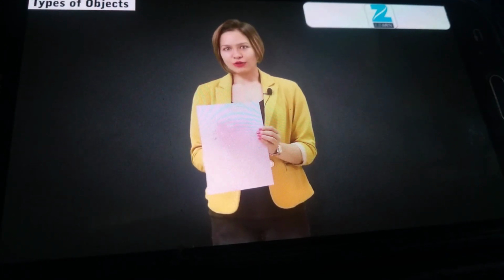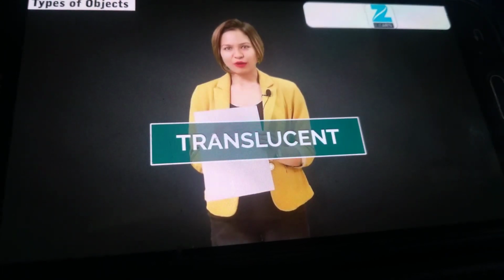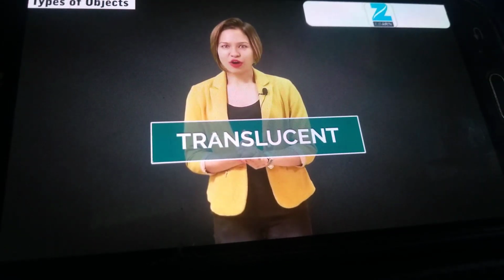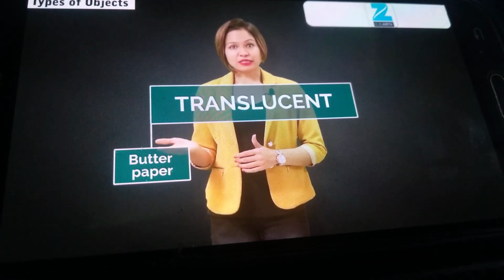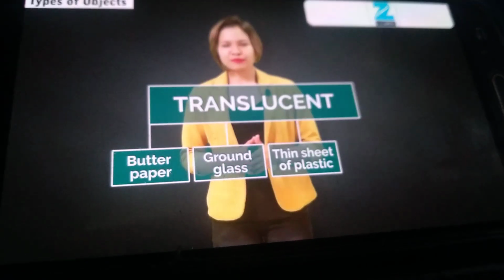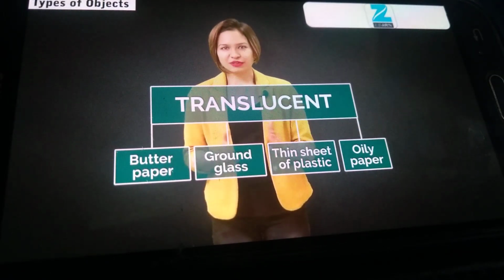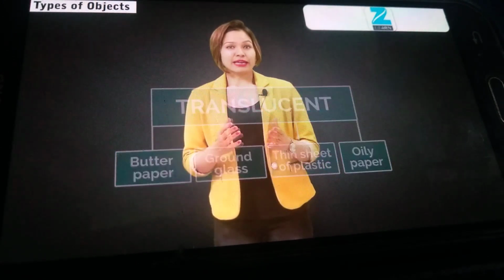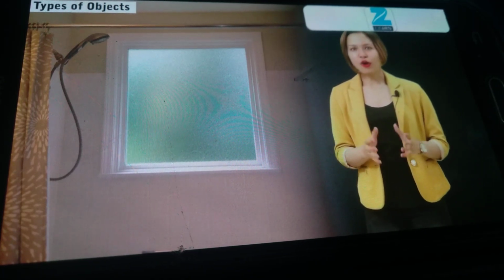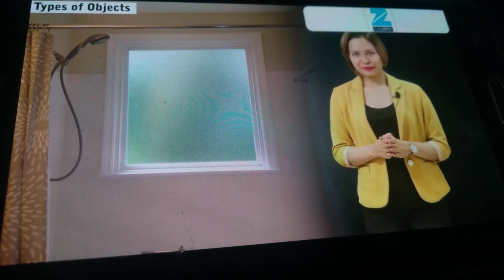And we call these objects as translucent objects. The other examples of translucent objects are butter paper, ground glass, thin sheets of plastic, oily paper, etc. And you must have observed that the bathroom windows are often fitted with ground glass or frosty glass panes.